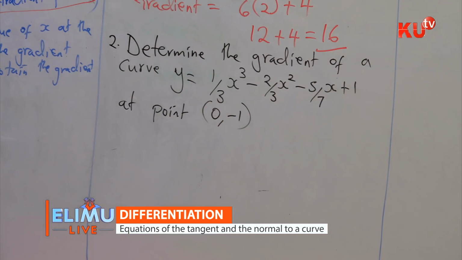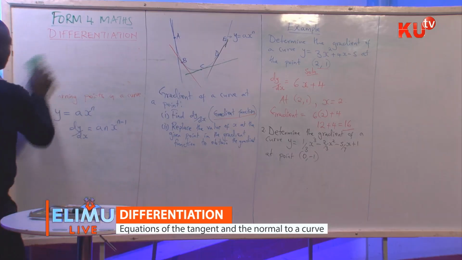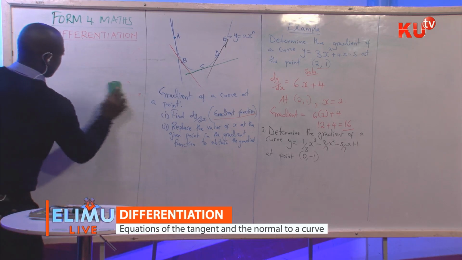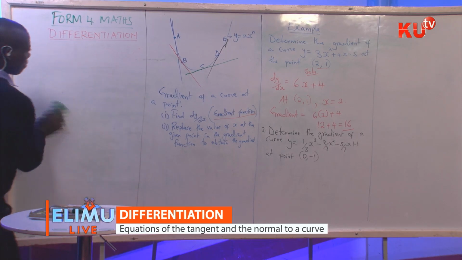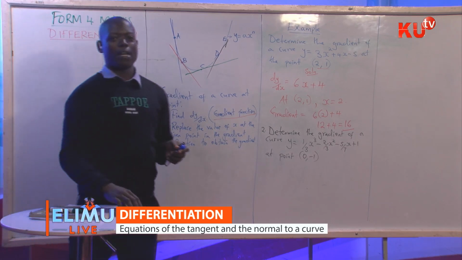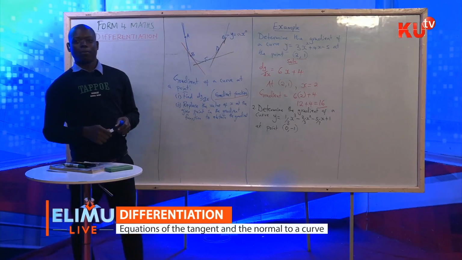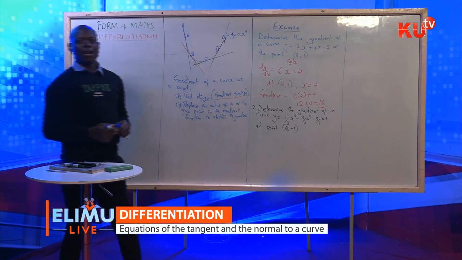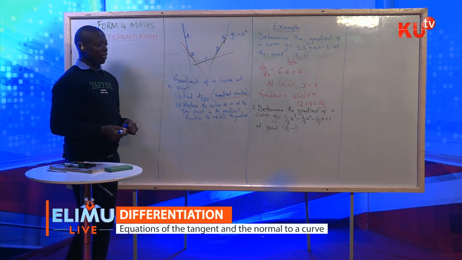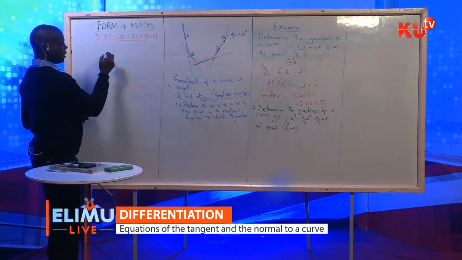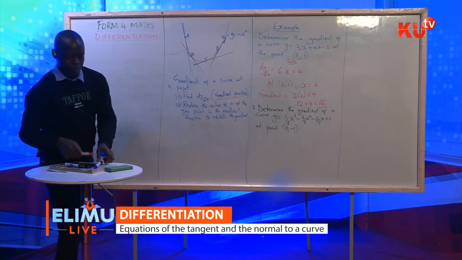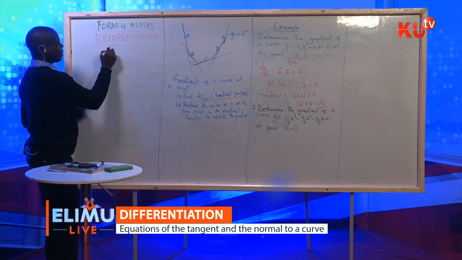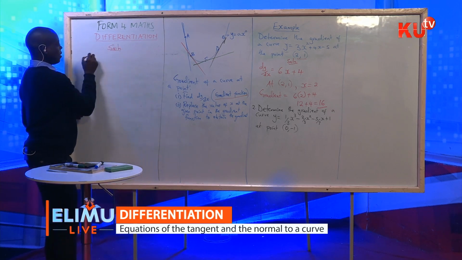Students, so let's discuss it together and get the gradient. Fine. What is the first step, students? Yes, our first step is to differentiate. So let's find the dy dx. Who will help us get the dy dx? What's the dy dx?